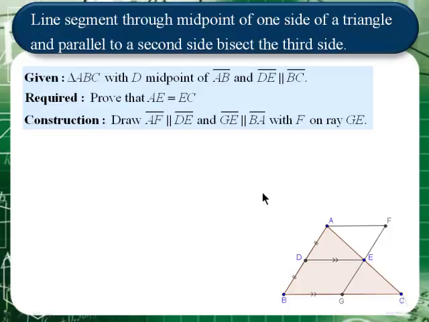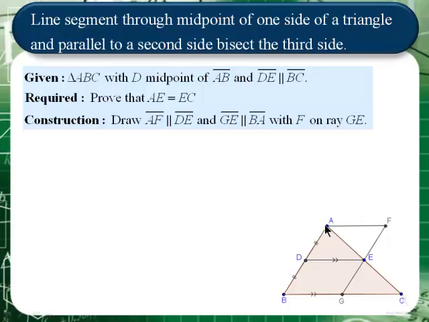So what is then given is this triangle ABC, with D the midpoint of line segment AB and line segment DE parallel to line segment BC. We need to prove, or it's required of us to prove, that AE is equal to EC. So we carry out the following construction, which is always possible.